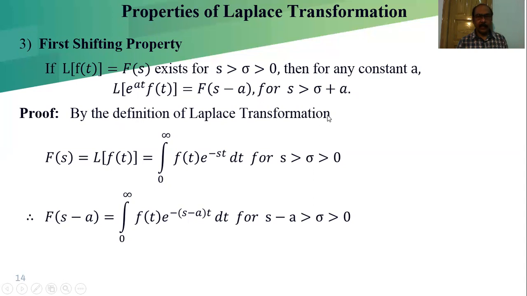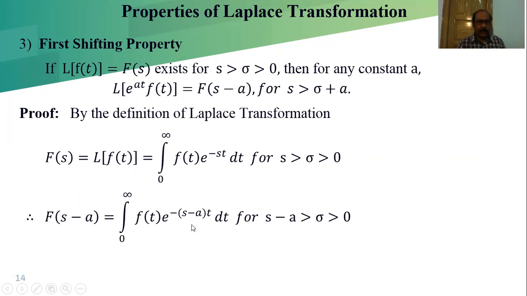So by the definition of the Laplace transformation, F(s) is the Laplace transformation of f(t), and by definition it is the integral from 0 to infinity of f(t) e to the power minus st dt for s greater than sigma and sigma greater than 0. Now again, F(s minus a) equals the integral from 0 to infinity of f(t) e to the power minus (s minus a)t dt.